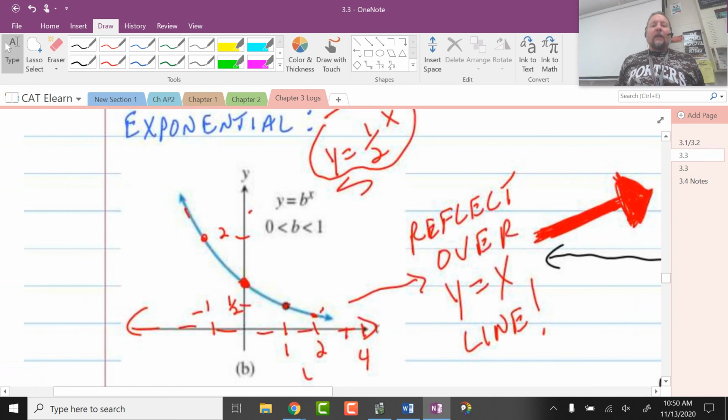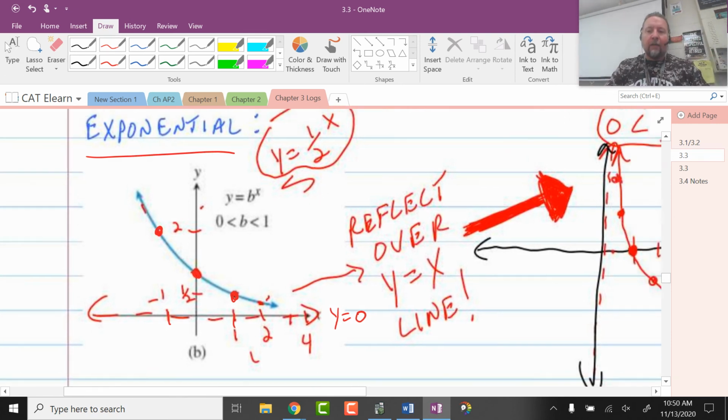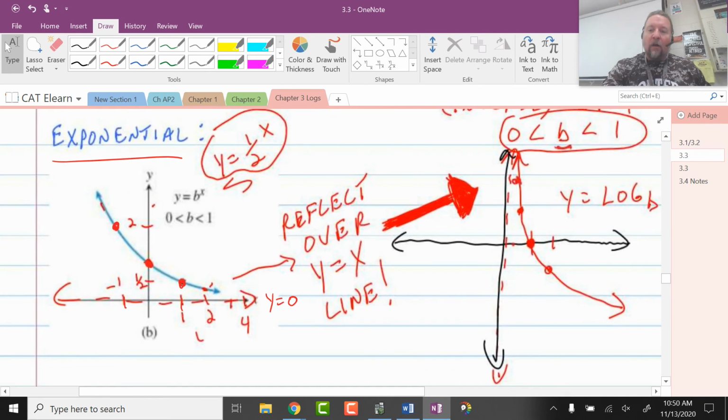Here's an exponential. y equals half raised to the x. 0 comma 1, 1 comma half, negative 1 comma 2. Okay, so we got a little different graph there, but we still have y equals 0 for the horizontal asymptote for the exponential. Now what we're going to do is invert and switch x and y. 0 comma 1 yet again becomes 1 comma 0.